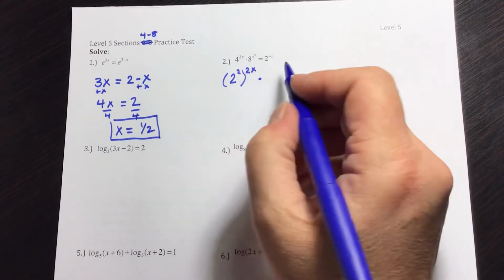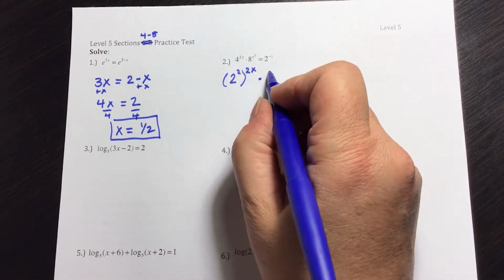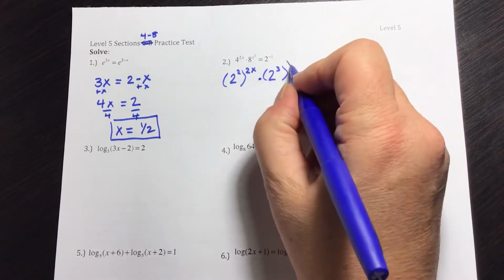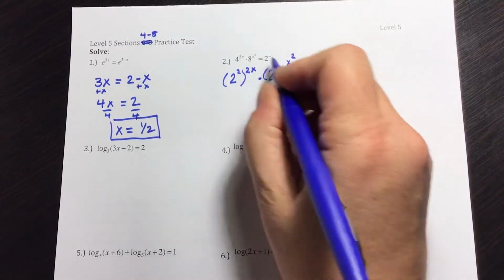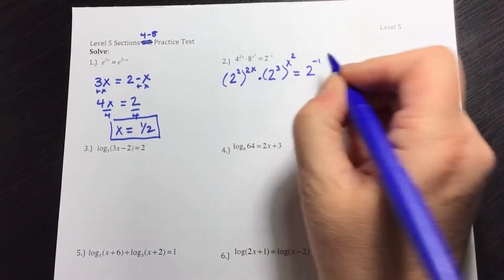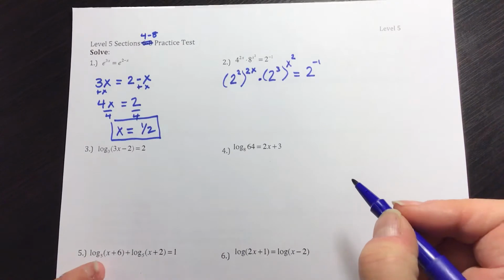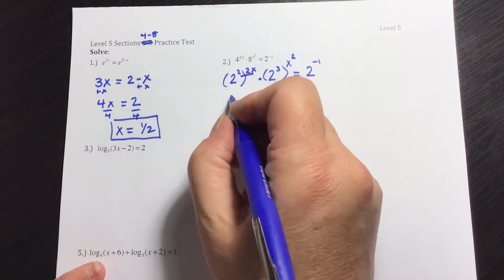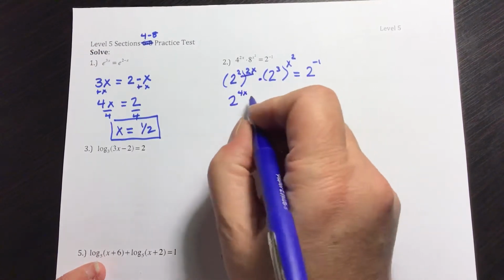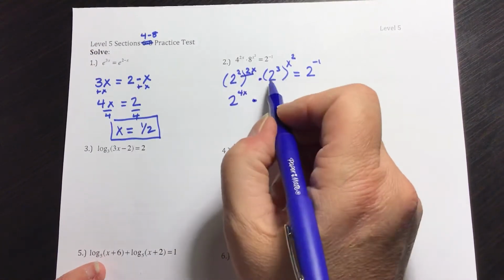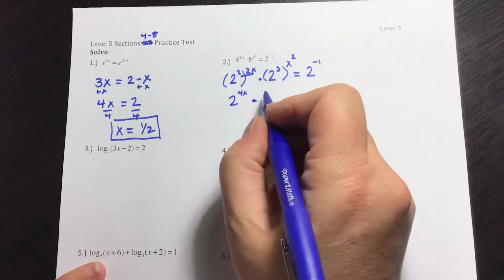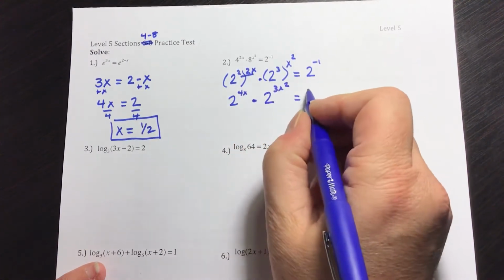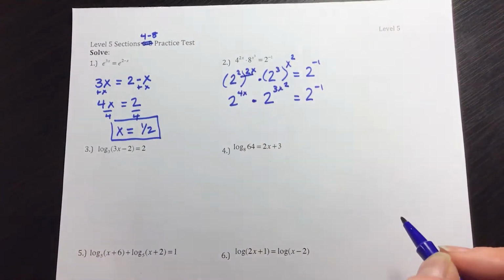And 8 is 2 to the 3rd power, and that's going to be to the x squared power. And then I have 2 to the negative 1st power. So this becomes, I'm multiplying my exponents here, 2 to the 4x times 2 to the 3x squared equals 2 to the negative 1st power.